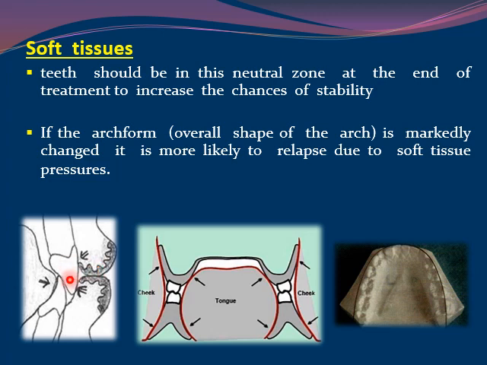So the upper incisors should be retracted to fall under the control of the lower lip, to be in the neutral zone between tongue pressure and lip pressure.